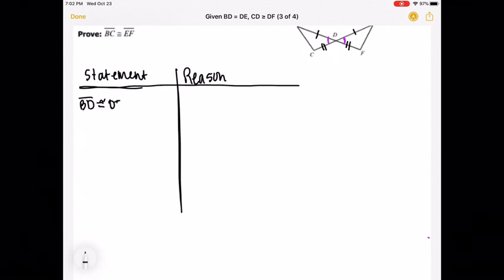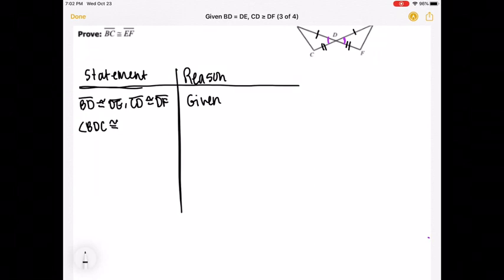So BD is congruent to DE, and CD is congruent to DF, and that reason would be given. All right, then I can say angle BDC, so the part I just marked here, is congruent to angle EDF. And for that I would say definition of vertical angles.